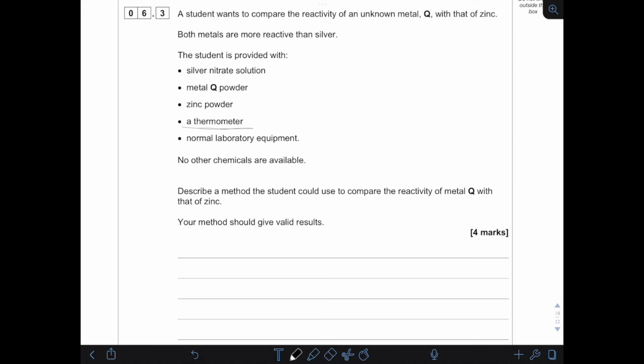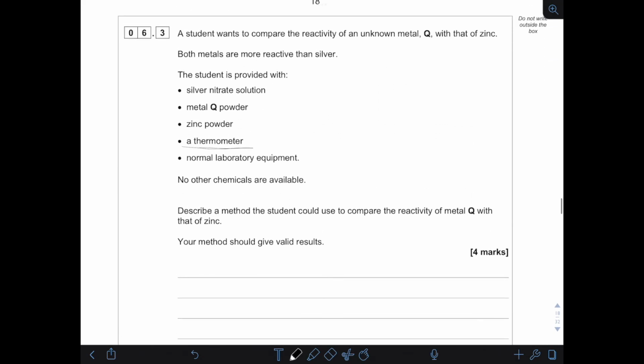So what you need to do, I'm not going to write, I'm just going to talk, just note down what I say here. You want to do calorimetry, and you want to weigh out the same number of moles, or same mass of, hang on, actually no, that's a mistake.